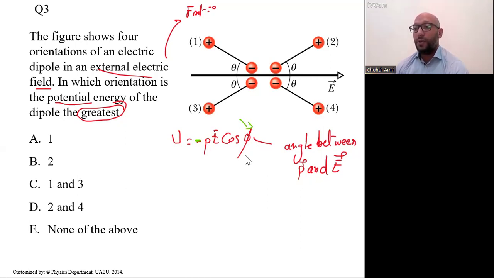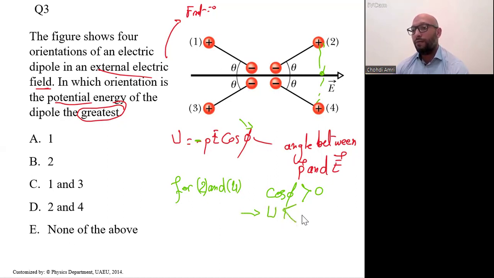For 2 and 4, both of them have the same cosine. Cosine phi is positive, so U in this case is negative because we have a negative sign.